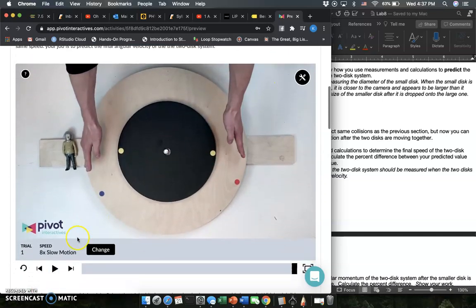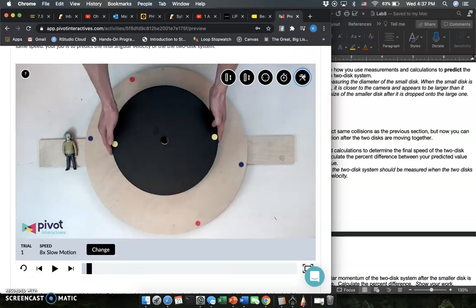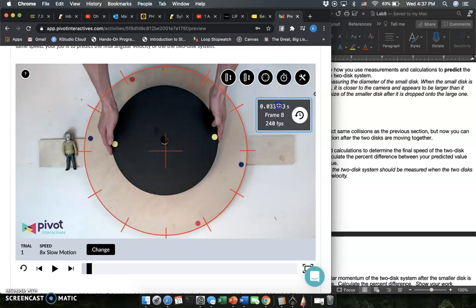And if you're not sure how to start with that, you could use these tools over here. And remember that angular velocity is going to be something in units of radians per second. So we know that we're going to need to use some kind of angle and our timer here.